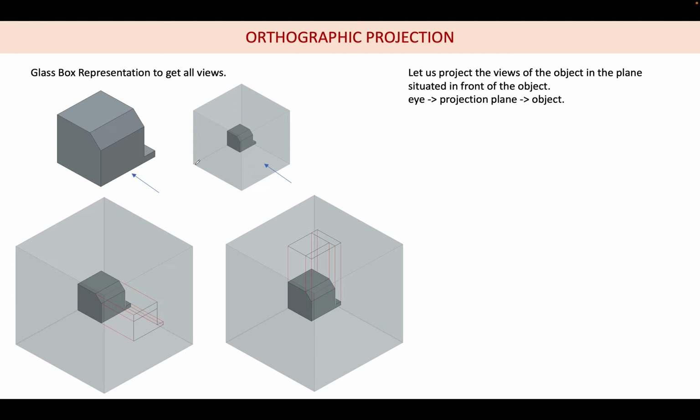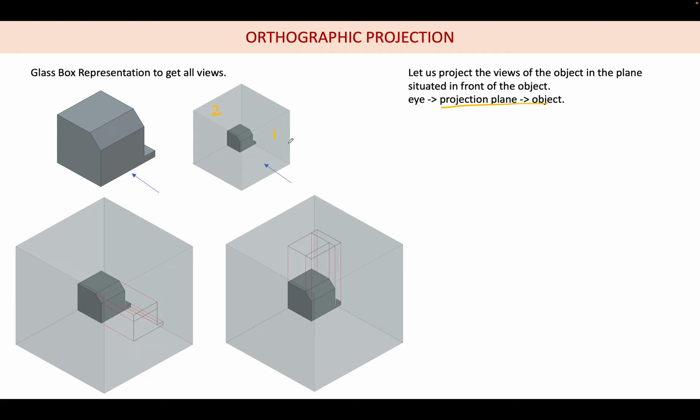In this case, the views are projected in such a way that the projection plane is situated in between the object and the observer. The observer is located here, which means that there are two planes possible for the front view. One is number 1, another is number 2. So the front view will be situated in number 1 or number 2.